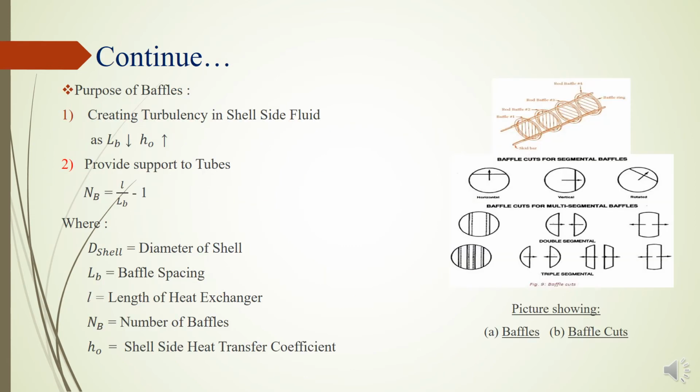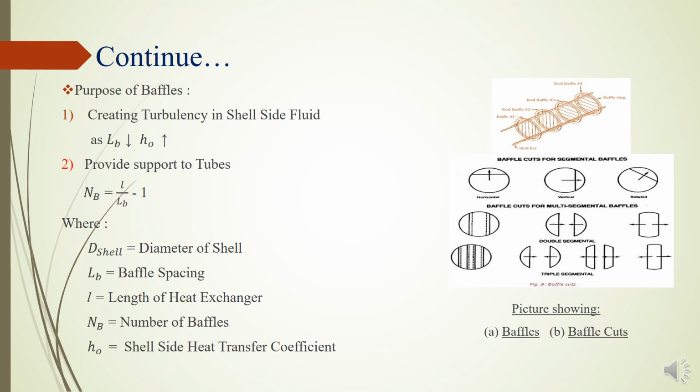So it is apparent that a higher heat transfer coefficient results when a liquid is maintained in a state of turbulence. To induce turbulence outside the tubes, it is customary to employ baffles, which cause the liquid to flow through the shell at right angles to the axis of the tubes. This causes considerable turbulence even when a small quantity of liquid flows through the shell. So the purpose of the baffle is creating turbulence in the shell side fluid. As the baffle spacing decreases, the turbulence of the fluid will increase.